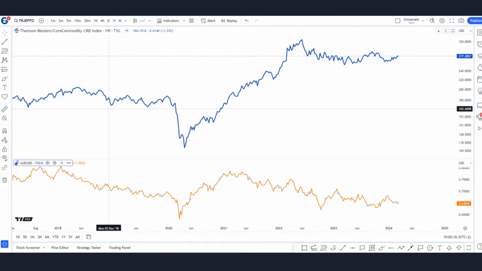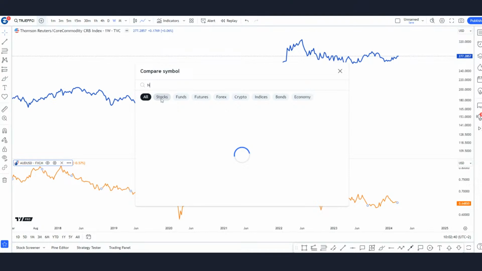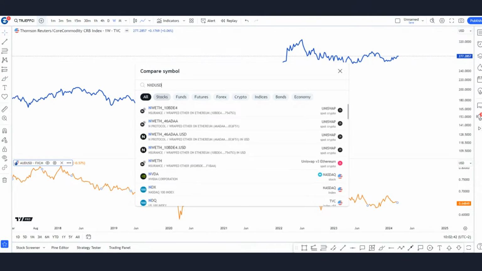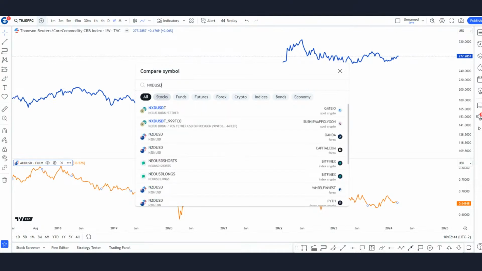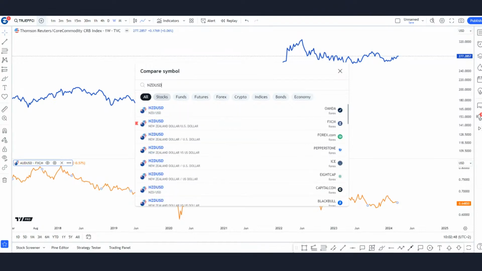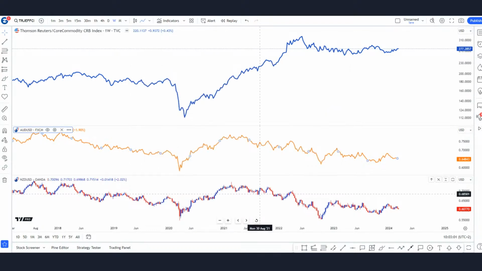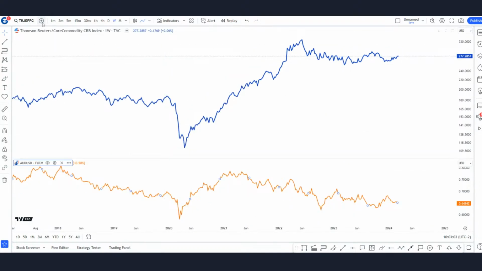Okay, so we've got the Aussie, let's put in the Kiwi. So let's put in the New Zealand US dollar. Let's change this to the FXCM instrument.